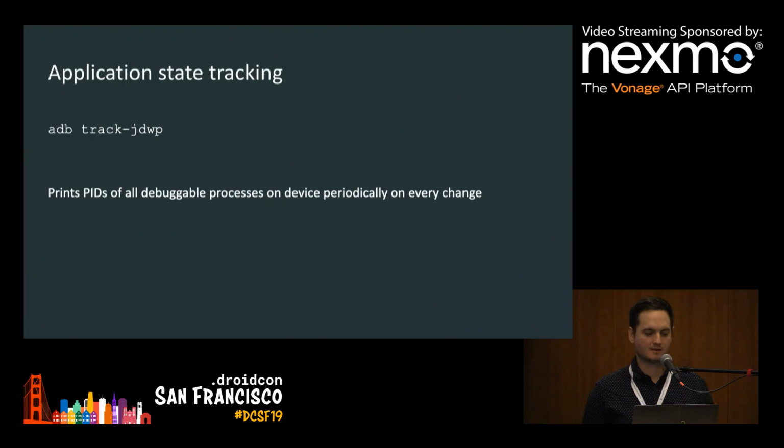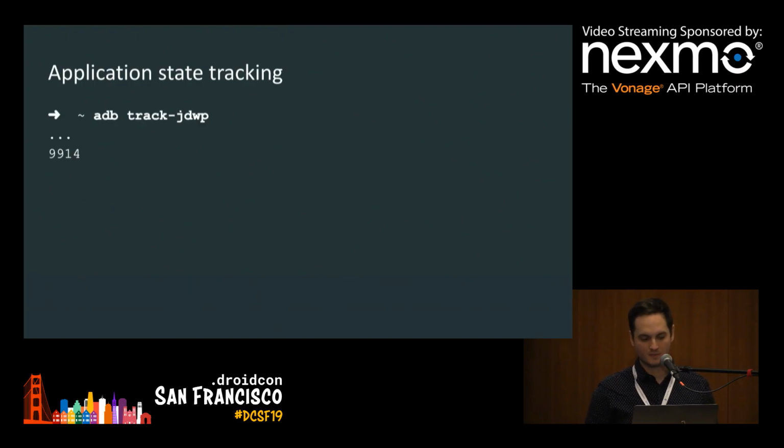We can track application state using something called track JDWP, and this is exactly what Android Studio does. This is how it knows that our application is running, and this is when it offers us the option to apply changes.